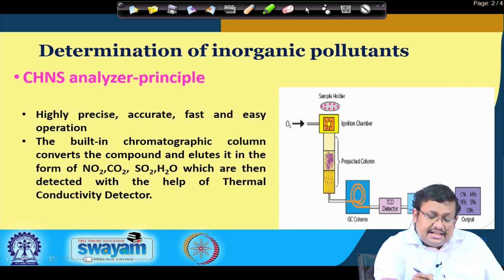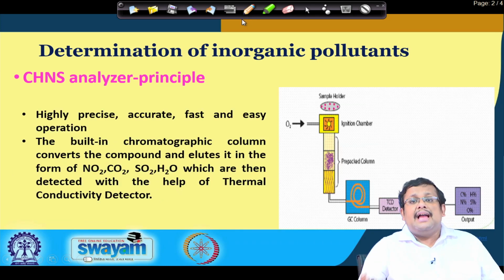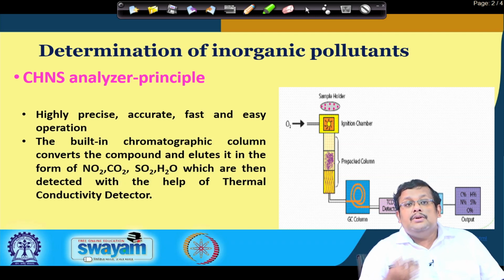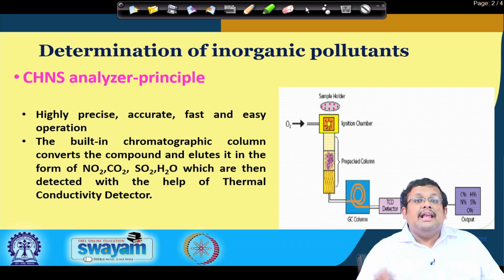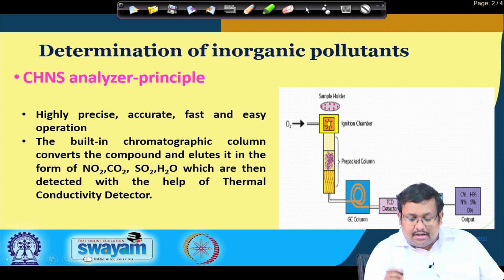As I told you, it is highly precise, accurate, fast and easy to operate. This built-in chromatographic column converts the compounds and elutes them in the form of nitrogen dioxide, carbon dioxide, sulfur dioxide and water vapor, which are then detected with the help of a thermal conductivity detector. So, the detector present is a thermal conductivity detector.